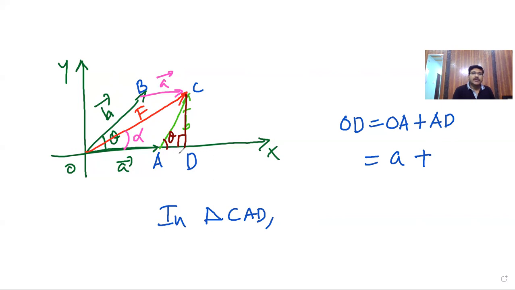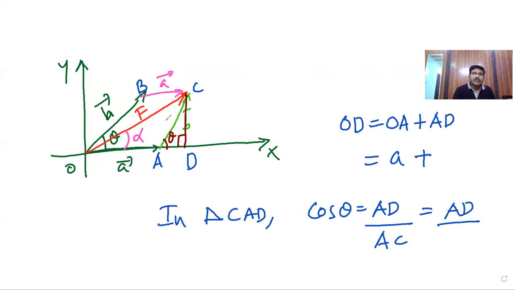When I want to find out AD, I take cos theta in this. Cos theta is the adjacent side AD by this. What is this? This is parallel to AC. So this is AD by AC. How much is AC? AC is b bar here, parallel. So AD becomes, cross multiplying, b bar cos theta.